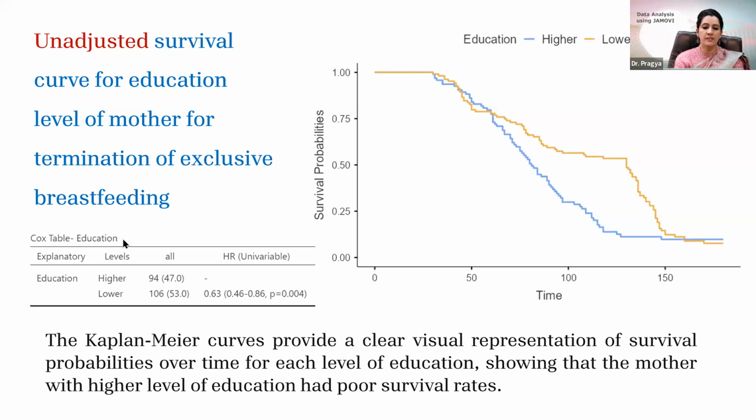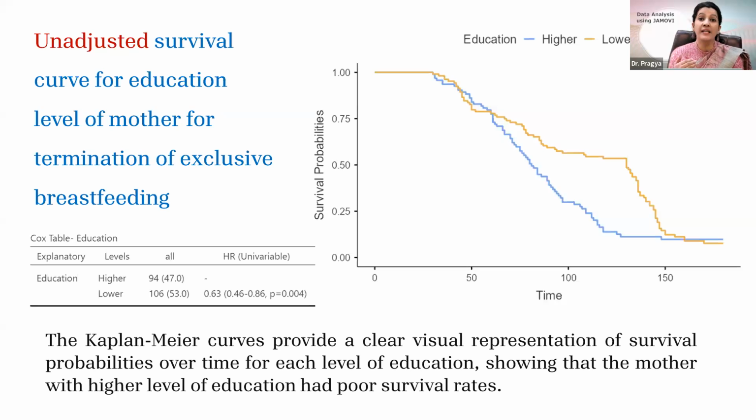Again, you can see that the levels are divided into higher and lower, and the hazard ratio is a univariable hazard ratio. Why do we call it univariable? Because there is only one independent variable. Many times you will see people use the terms variate, univariate and multivariate, but many articles say the term variate should not be used for independent variables.